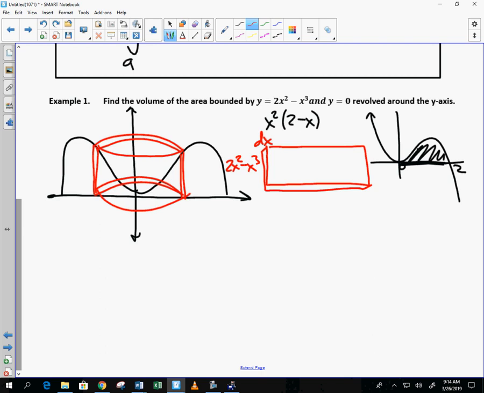And then, what is the length? 2 pi times the radius. Now, the radius is going to be the distance from 0 to this x value. And that's 2, right? So x could be any value between 0 and 2. Agreed? So what's the distance between x and 0? X. So 2 pi x is your length.